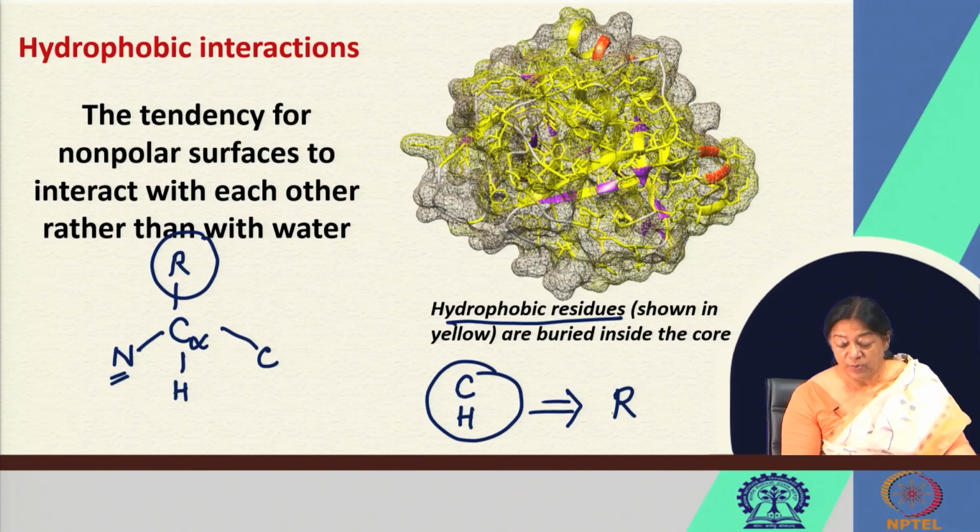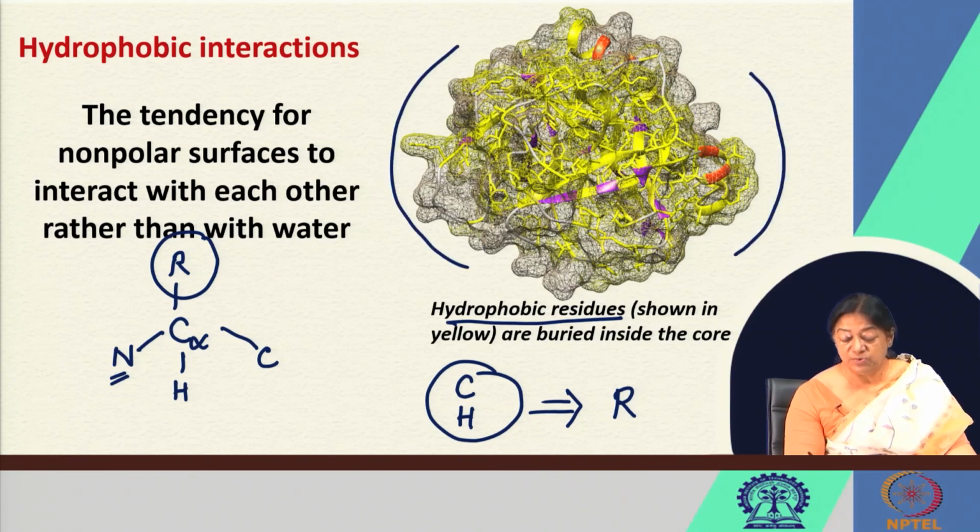So, then they would tend to remain away from the surface, and what we would see is them bunching up together, forming what is known as the hydrophobic core of the protein when it folds in this fashion in a regular globular protein.